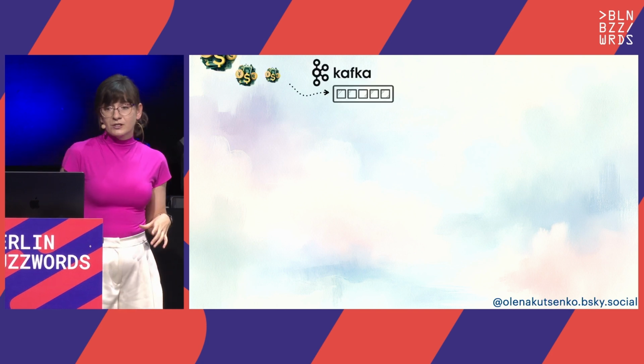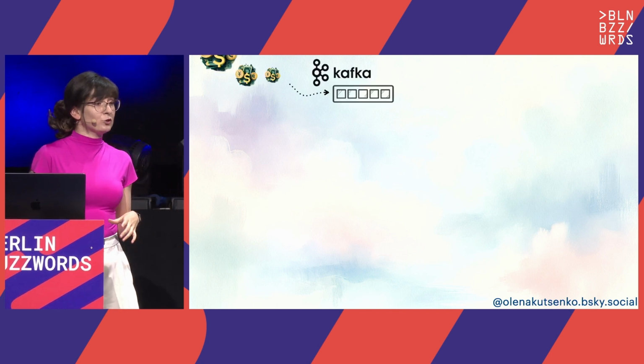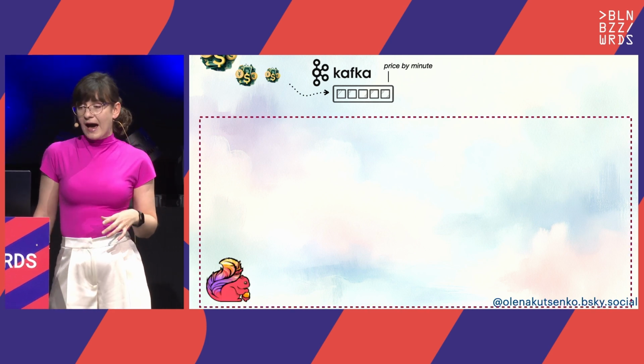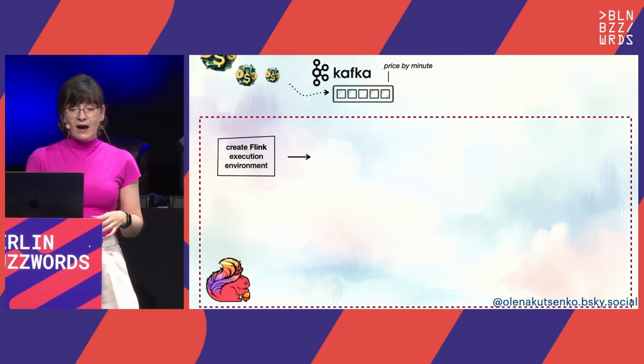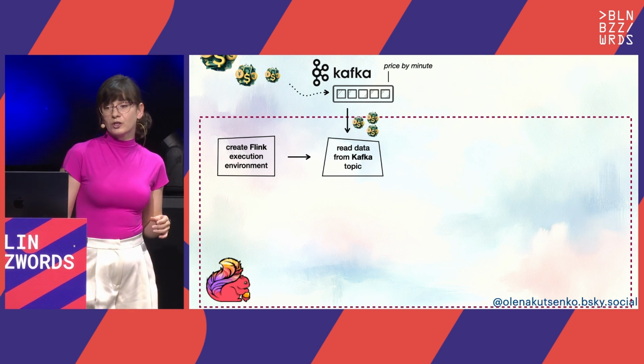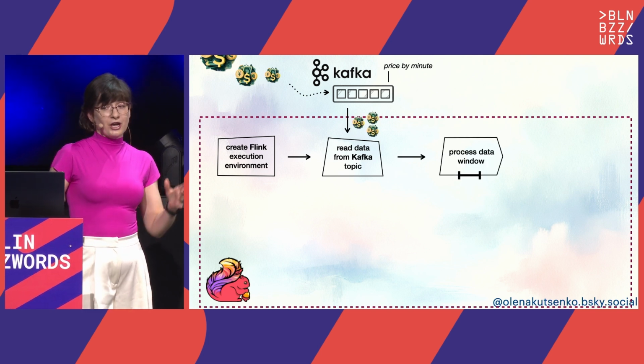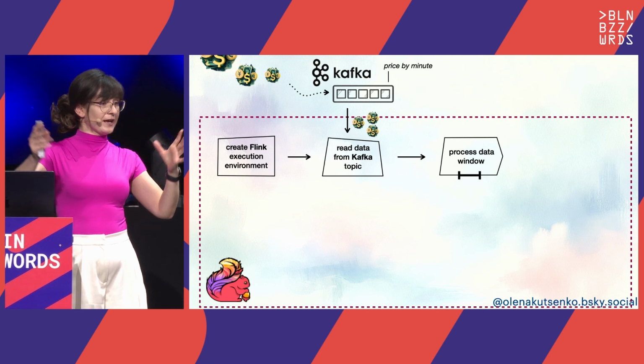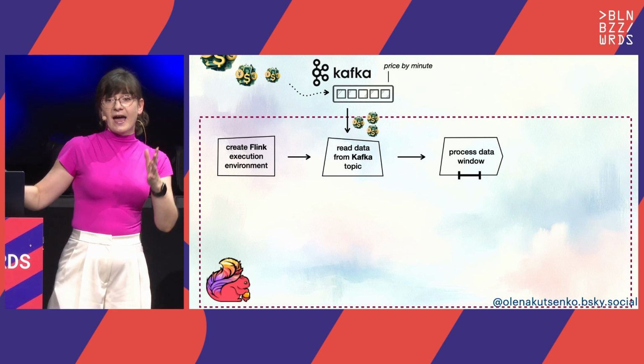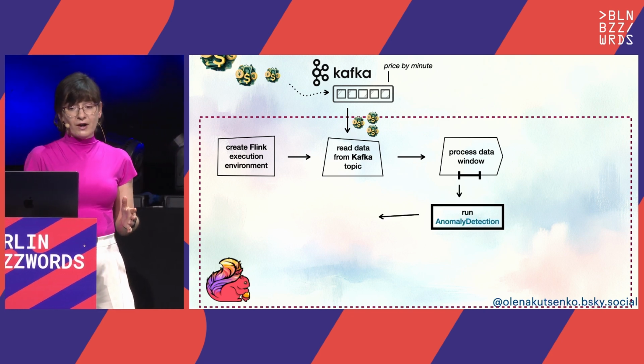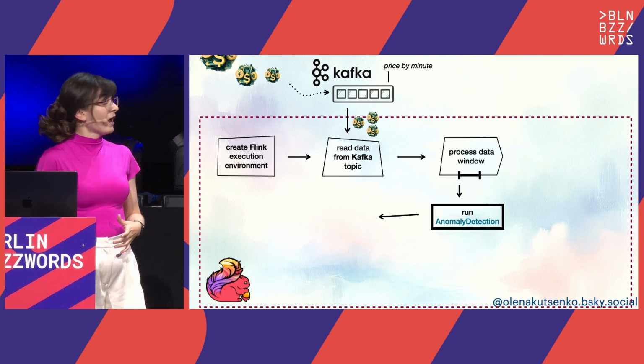So now let's look at how we can implement that with the set of technologies which I mentioned. For example, we have some stock values going to an Apache Kafka topic. Then with Apache Flink, we read the data from the topic. Then we need to chunk it into windows and process parts of the data as it comes, and run the anomaly detection function.